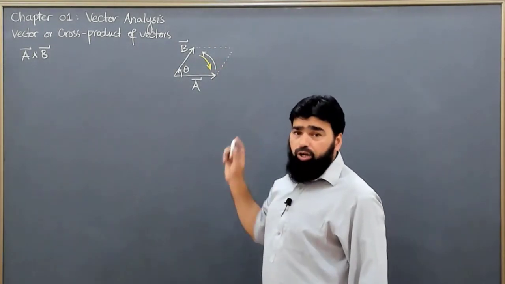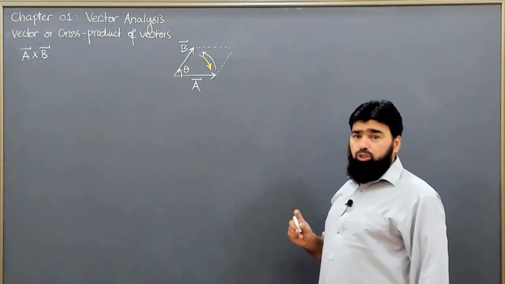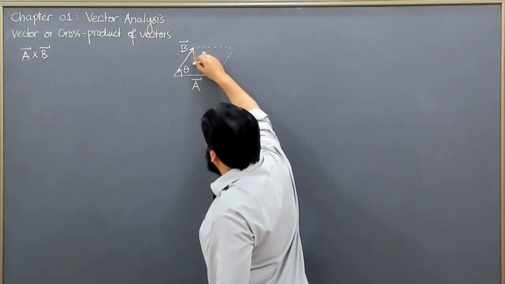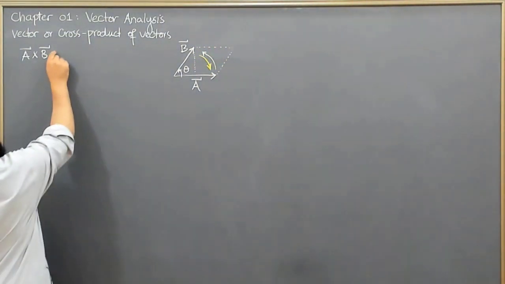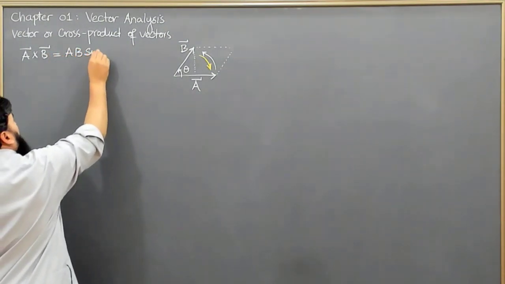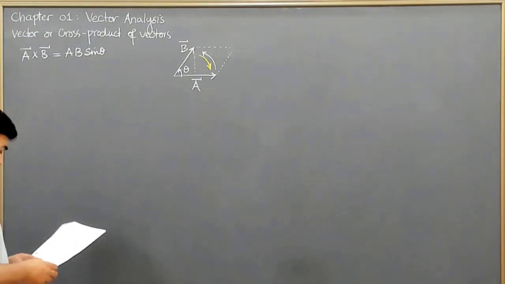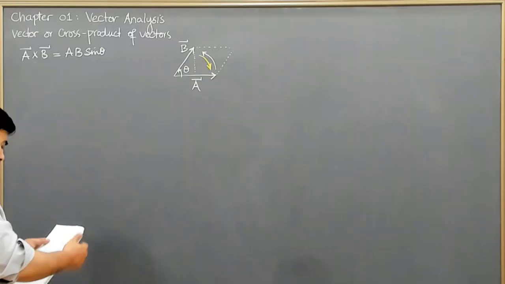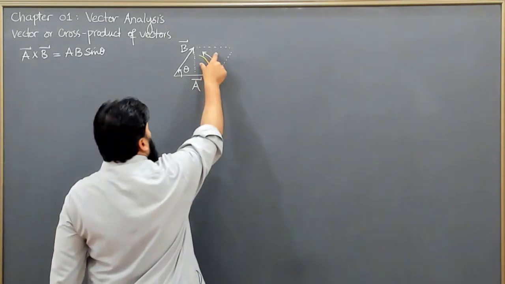We have calculated that in the dot product, it was the base component, the cos theta component, which was responsible. And in this case, in the sweeping, it is the perpendicular component which is responsible. Due to that reason, I will write the magnitude of A and the magnitude of B and sine of the angle between the two, as I have already written in the case of the inner product, the scalar product. So it gives you the area of this parallelogram here.